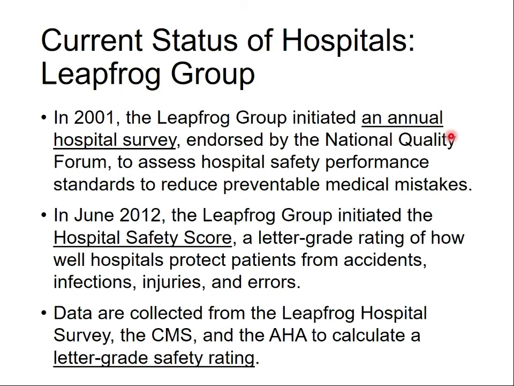So they look at various benchmarks that are required to provide quality service, and they will have a hospital safety score, and they will also come up with a letter grade for safety rating. And these are important, used by different employers when they are looking at different hospitals for their use, and they are also looked at by insurance companies when they are trying to partner with these hospitals to provide these services.